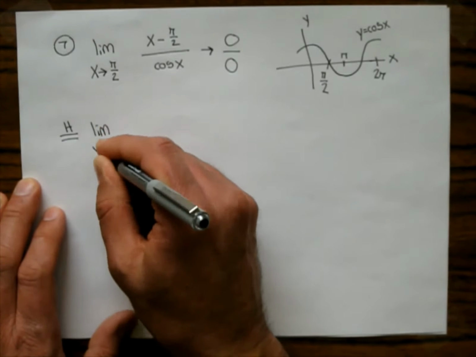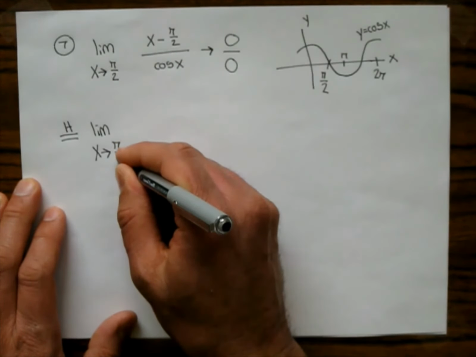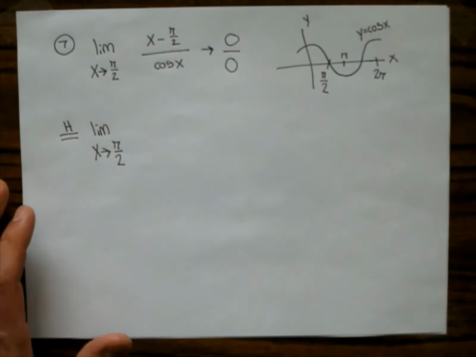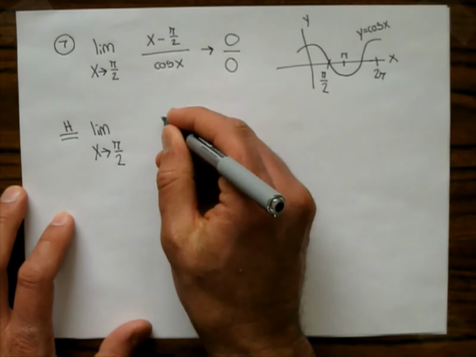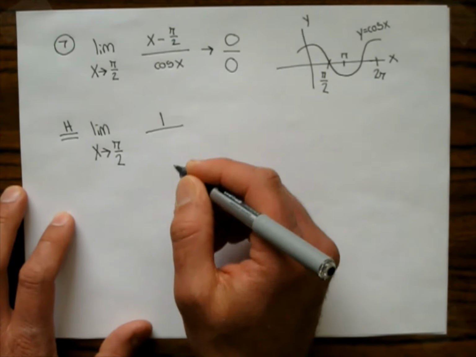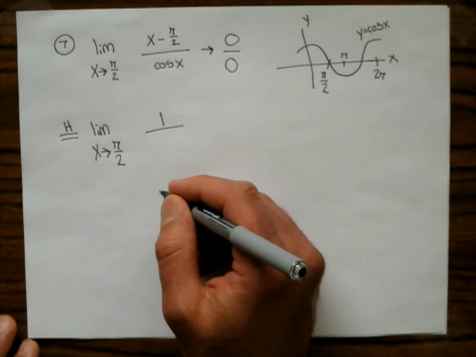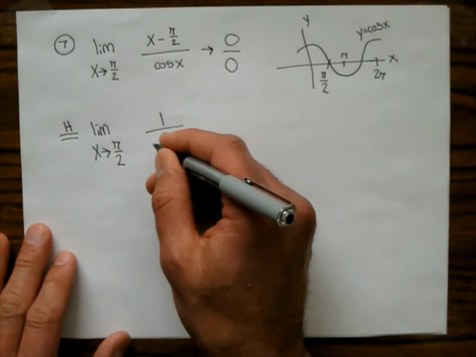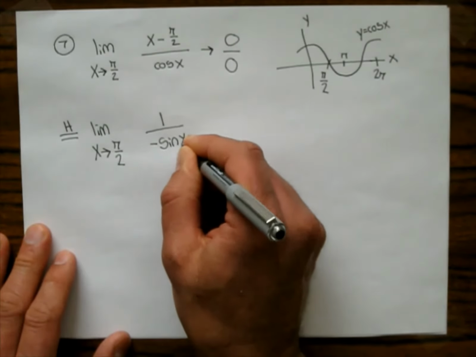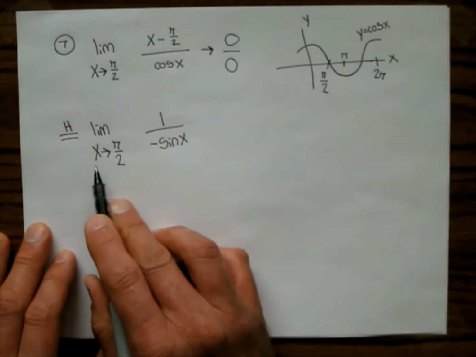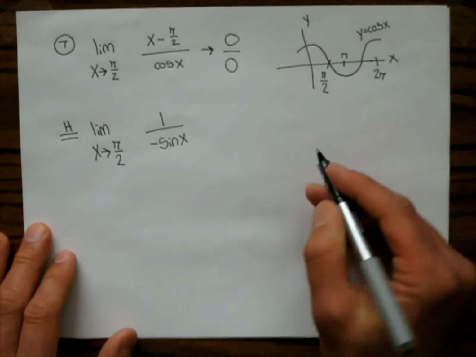L'Hopital's rule says the limit as x approaches pi halves, and the derivative of the top, well, is just going to be 1. The derivative of the bottom is going to be negative sine. Okay, so now I'm plugging pi halves into sine of pi halves.